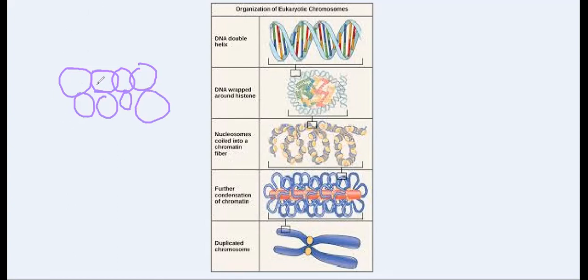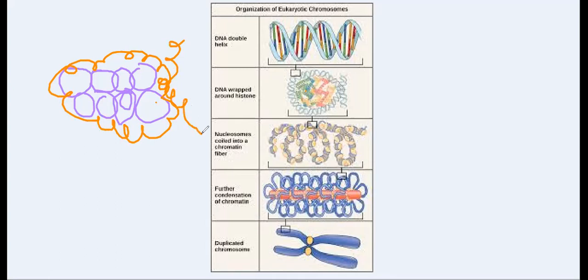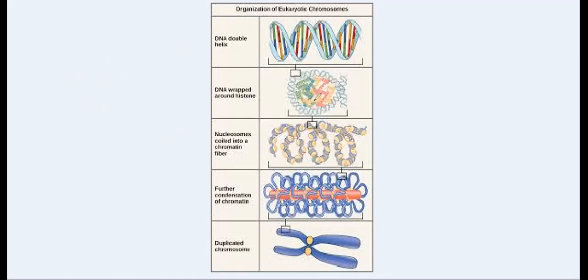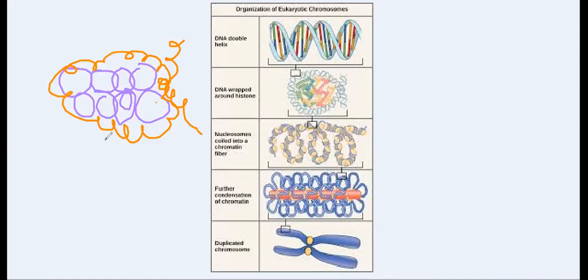Think of this purple as indicating the histones, a total of 8 histones, and they are wrapped with DNA like this. These are histones, and this wrapped part is only DNA, which the orange indicates. You can see how the histones are wrapped by the DNA. And this wrapped histone forms a nucleosome.